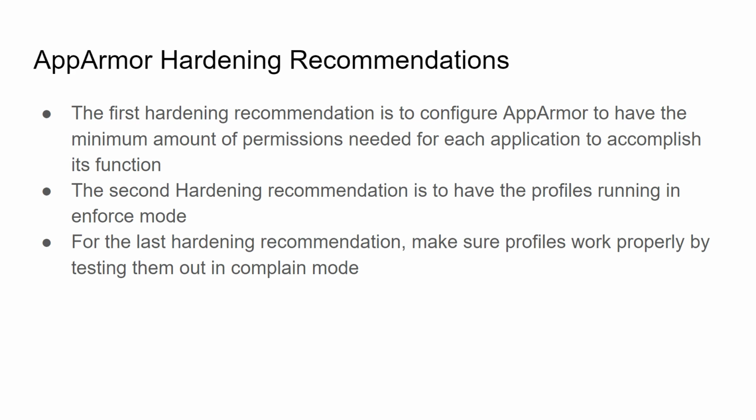Now we will see what are some AppArmor hardening recommendations. The first hardening recommendation is to configure AppArmor to have the minimum amount of permissions needed for each application to accomplish its function, making it so applications like document viewers can only view documents and cannot perform actions such as executing code.